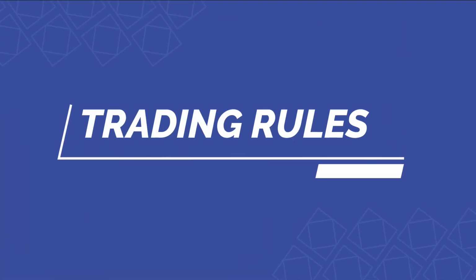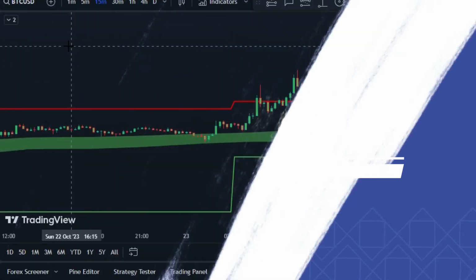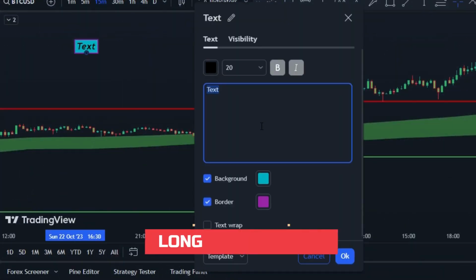Now, if we combine all these things, entering a long trade has a few simple steps. First, you need the price to go above the red line, which is the highest price from yesterday.